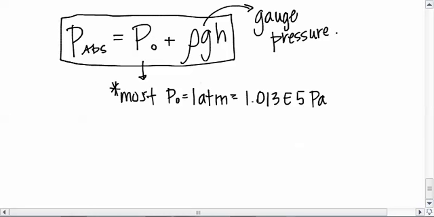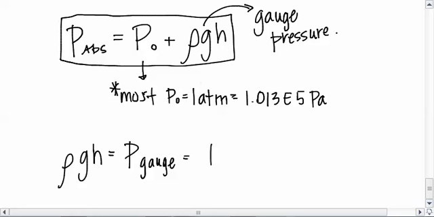So just as Spencer said, our gauge pressure is the absolute pressure minus the pressure at the top of the column, which is most likely this 1.013 times 10 to the 5 Pascal, or 1 atm.